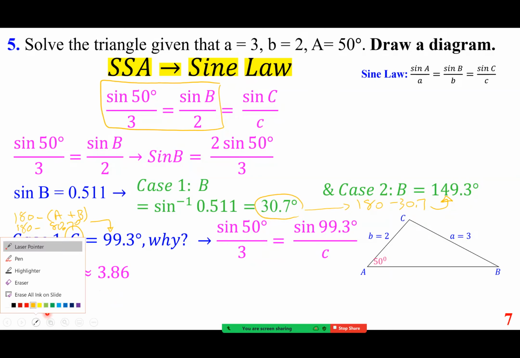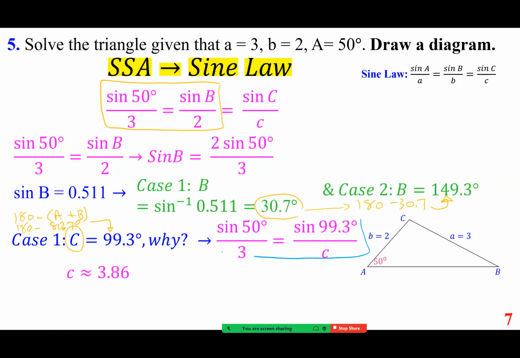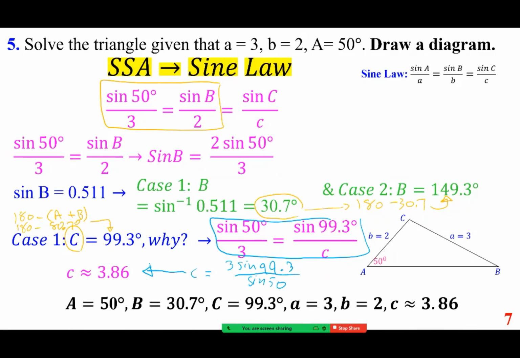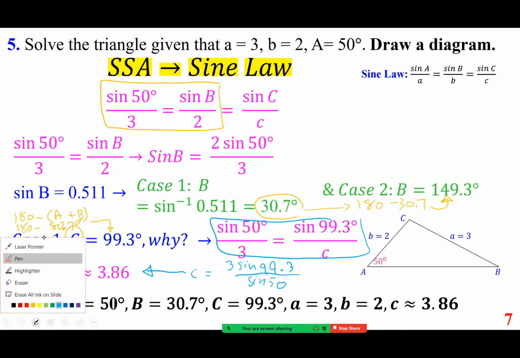So from here, C is 3 sine of 99.3 over sine of 50. We have this, and let's write all of them just to give you the whole picture.